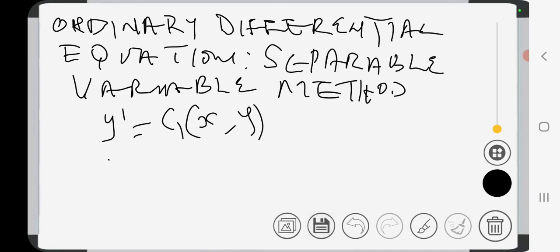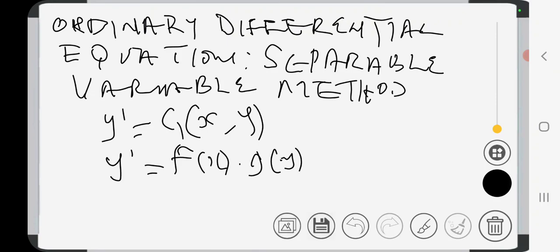For instance, y prime is equal to a function of x and then a function of y. In this instance, we are dealing with these two variables x and y. So for us to solve this problem, we need to separate the variables.